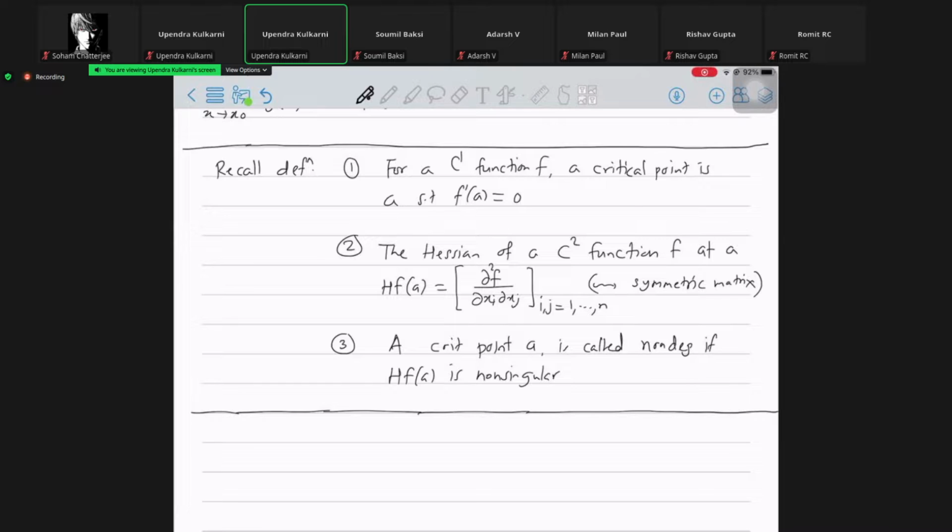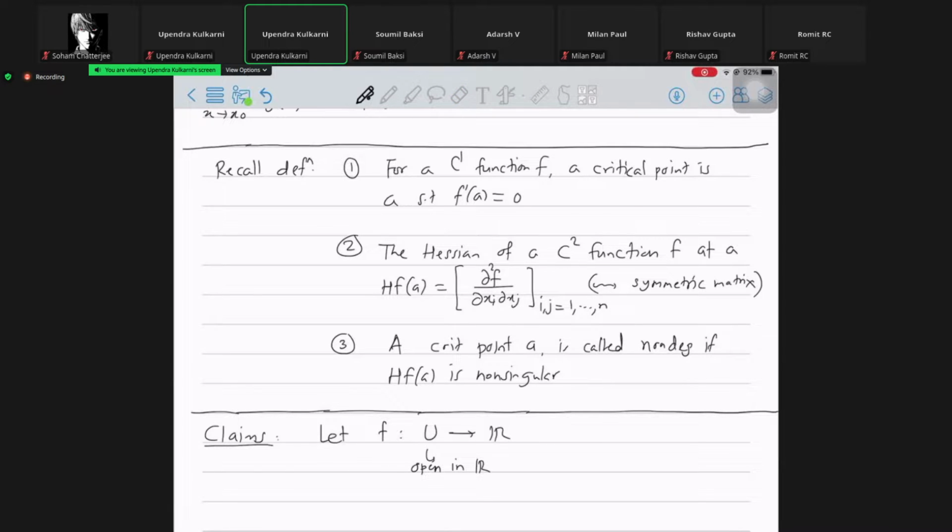So now, claims. As usual, I have a function from U to R, a real valued function, where U is open in R for now.